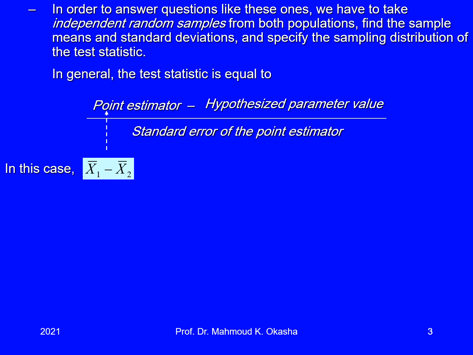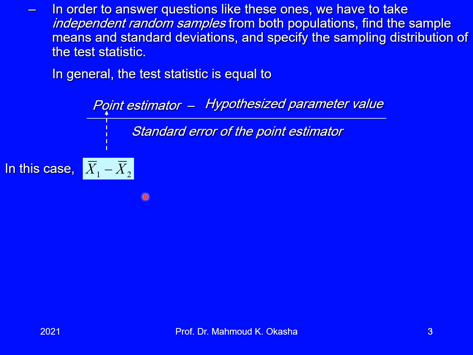As usual, when we talked about testing hypotheses around the mean, we are now talking about testing hypotheses around the difference between two means. That's the point estimator, x1 bar minus x2 bar, the estimator for mu1 minus mu2, which is the parameter.